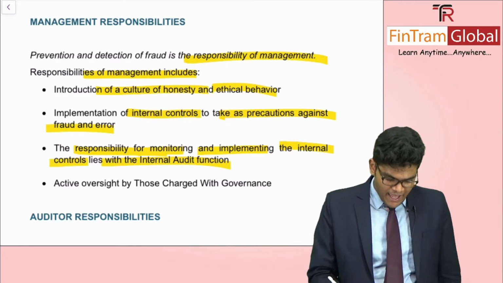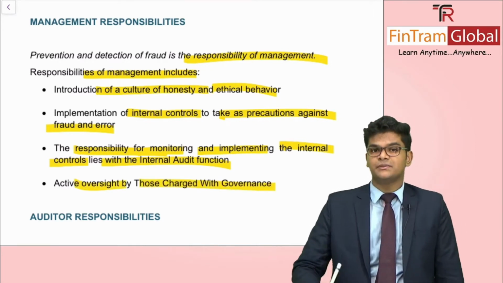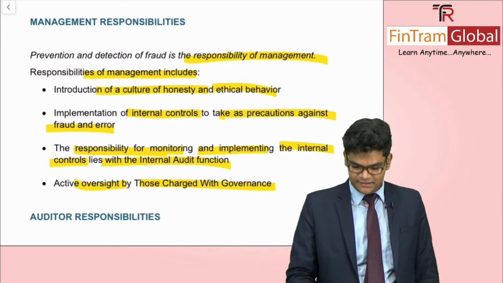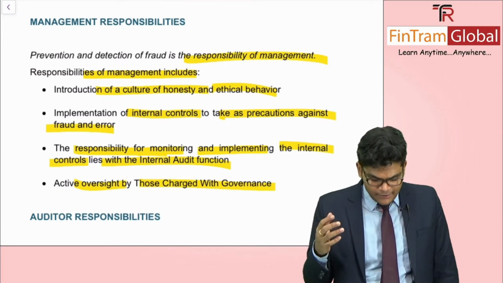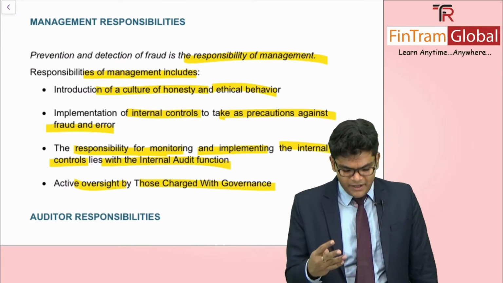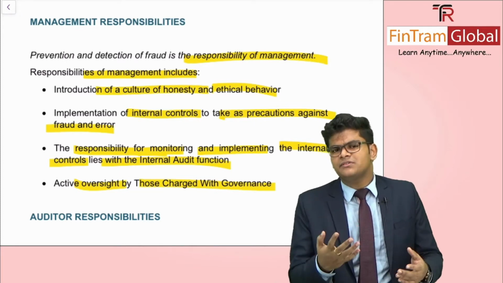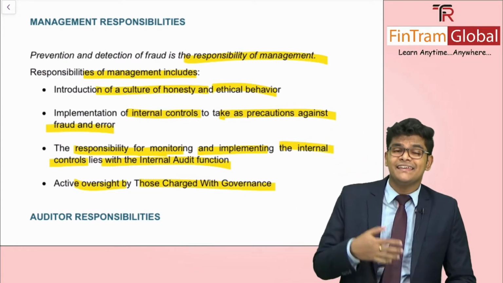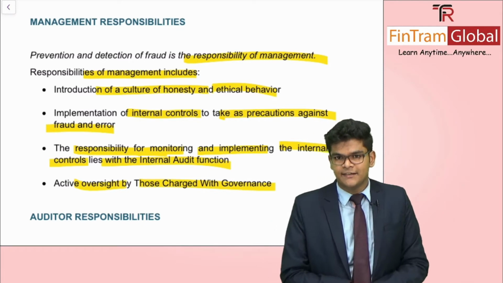And finally, active oversight by those charged with governance is also another responsibility, isn't it? Who are those charged with governance? First of all, these are basically the key executives of an organization, isn't it?